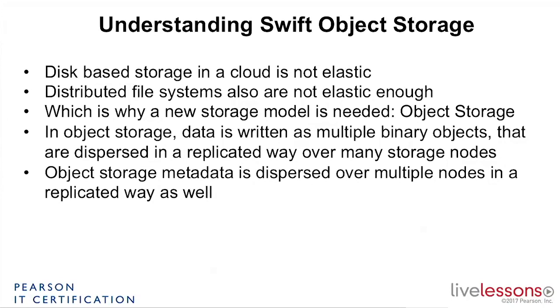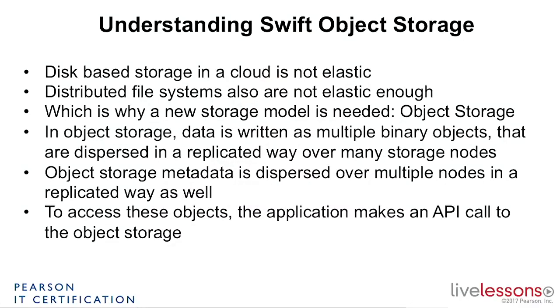Swift takes care of the replication, Swift takes care of the availability. And the application doesn't care anymore which physical hard drive it is on. So Swift ensures that hard drives can be abstracted away from the storage model. And that is exactly what is needed in cloud environments.